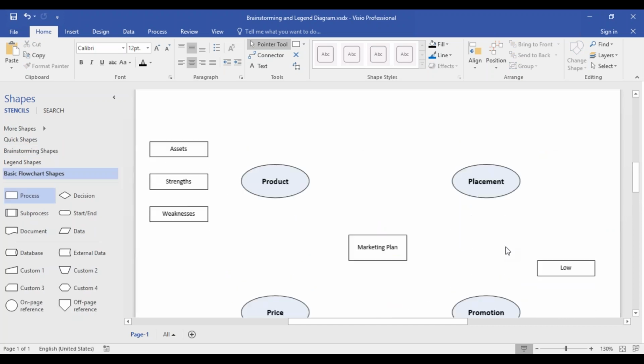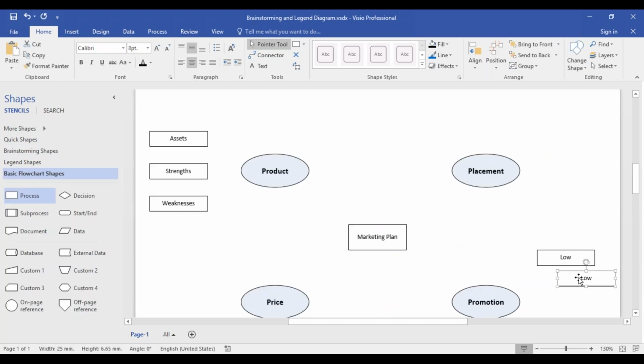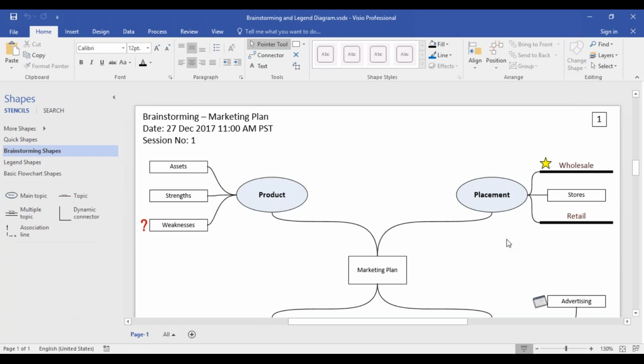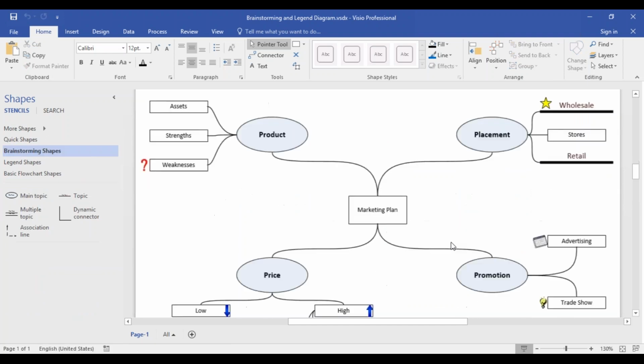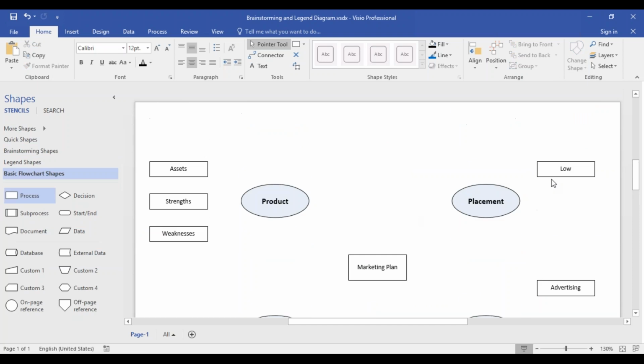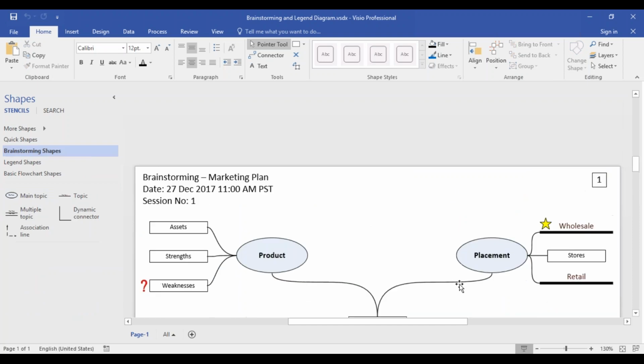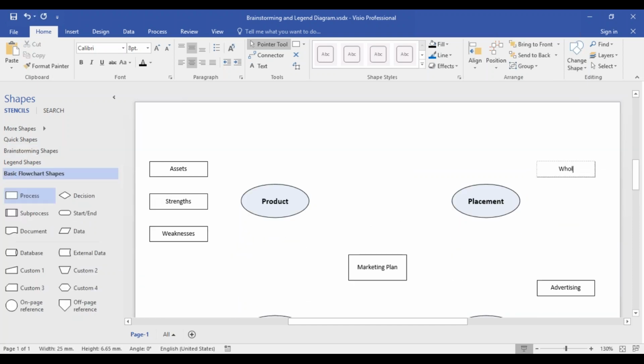Placement, it can happen in a wholesale store. You have to change the names of these. This is advertising. And next is trade show. Placement, wholesale.